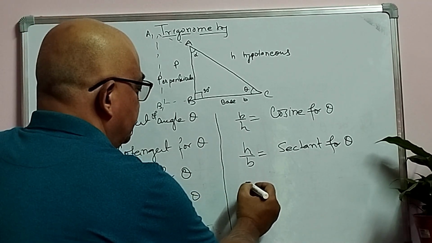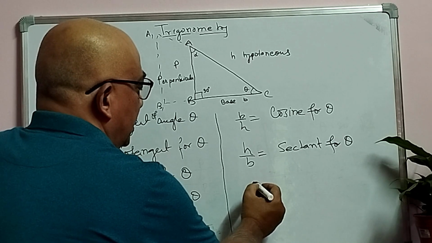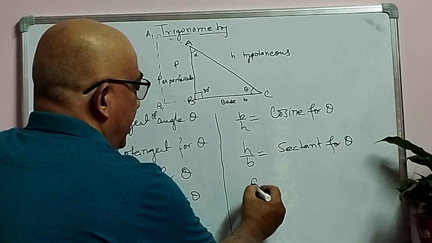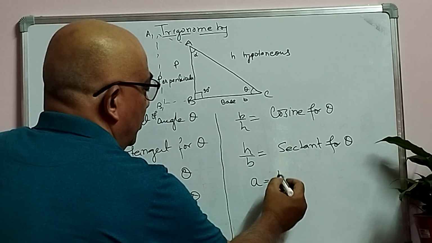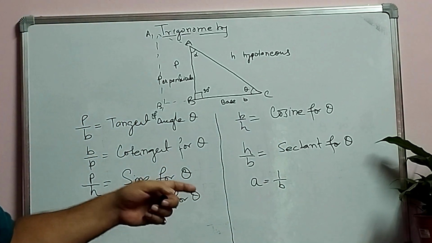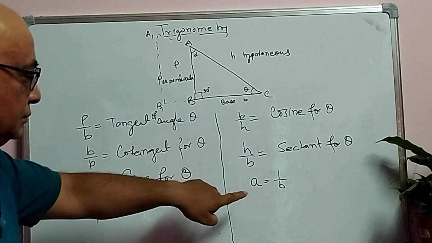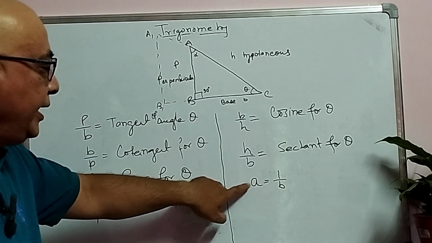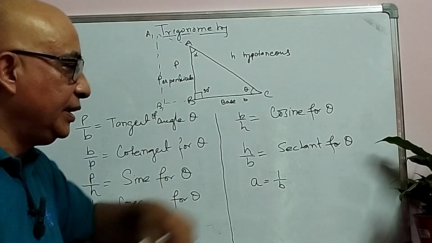Reciprocal means, for example, A equals 1 by B. So suppose A equals 1 by B, then we say A is the reciprocal of B.